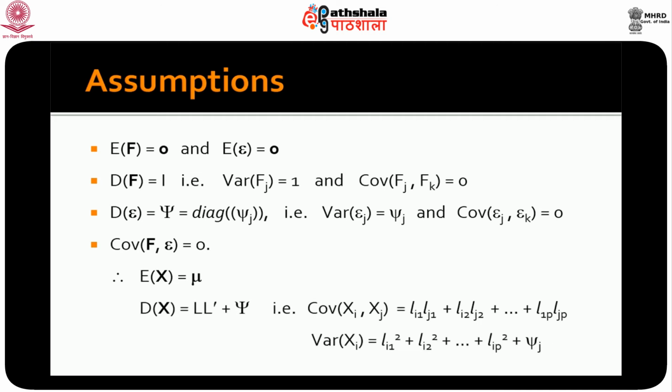Now, at this stage it should be interesting to look at the model and compare it with the regression model in general. In a regression model, we write the dependent variable y as x times beta, where x is the independent variables, plus an error. If you take mu equal to 0 here, this model looks similar with the dependent variable y replaced by x here and the independent variable x replaced by f here, with L as the coefficient matrix or the betas.